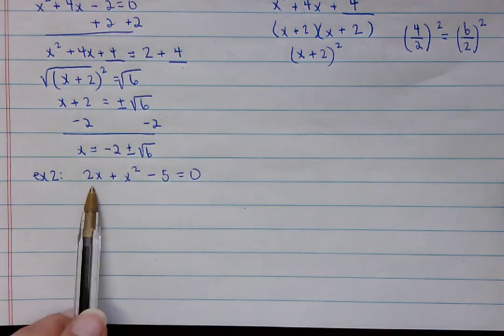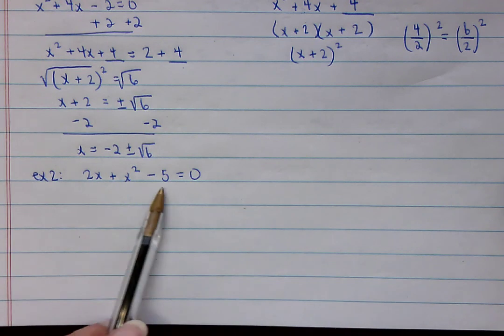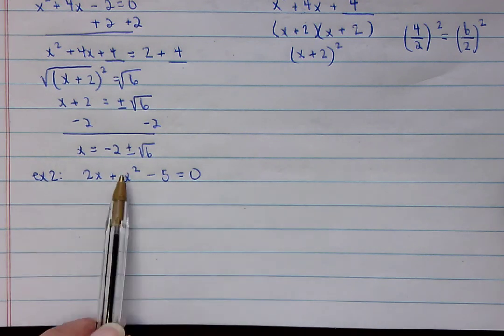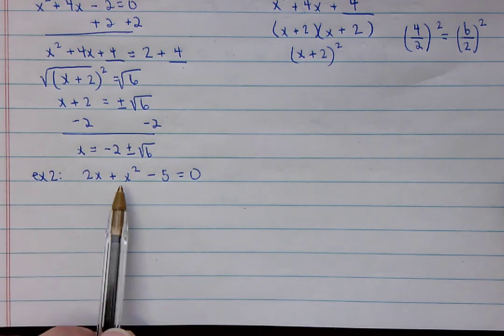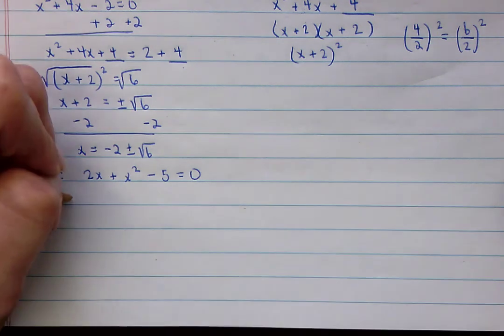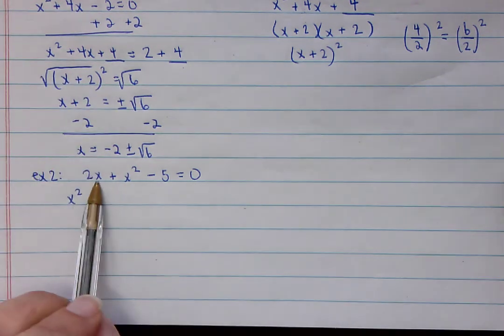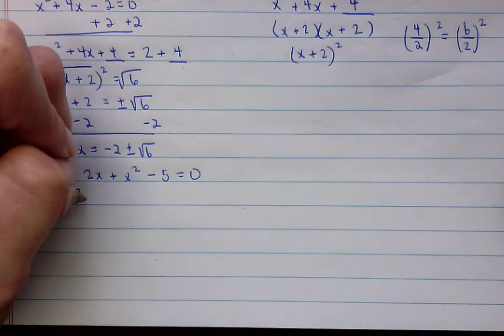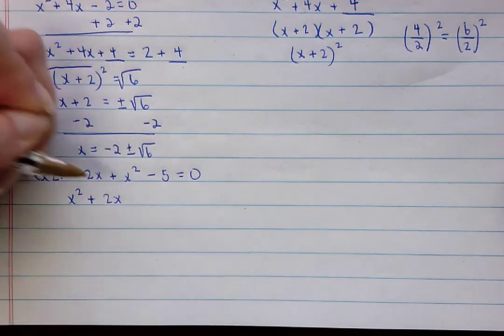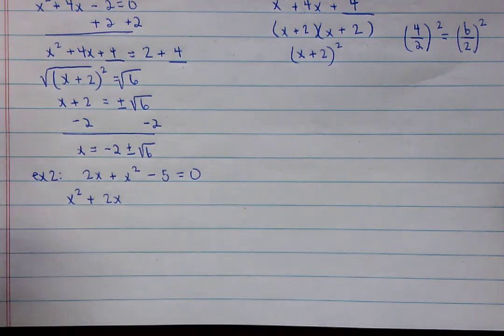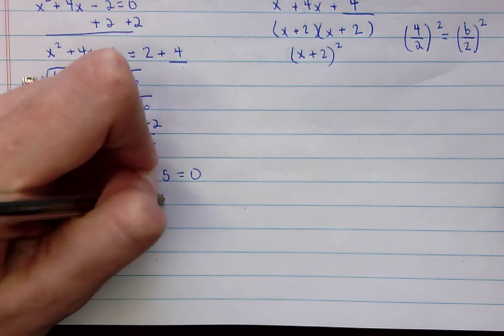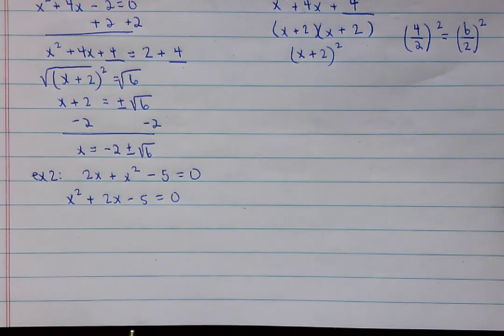So notice this isn't in the same order as we had it before. It's not in descending order by the power of x. We want to put the highest power first. Then the next term would be the one with the power of 1, x power of 1, and then minus 5 equals 0. So now we've got it in the form that we saw earlier.